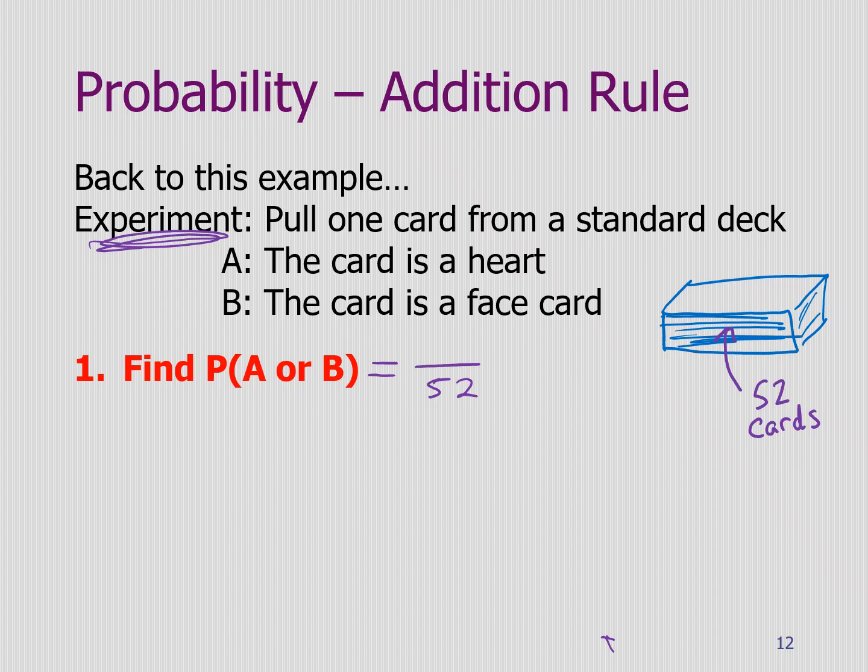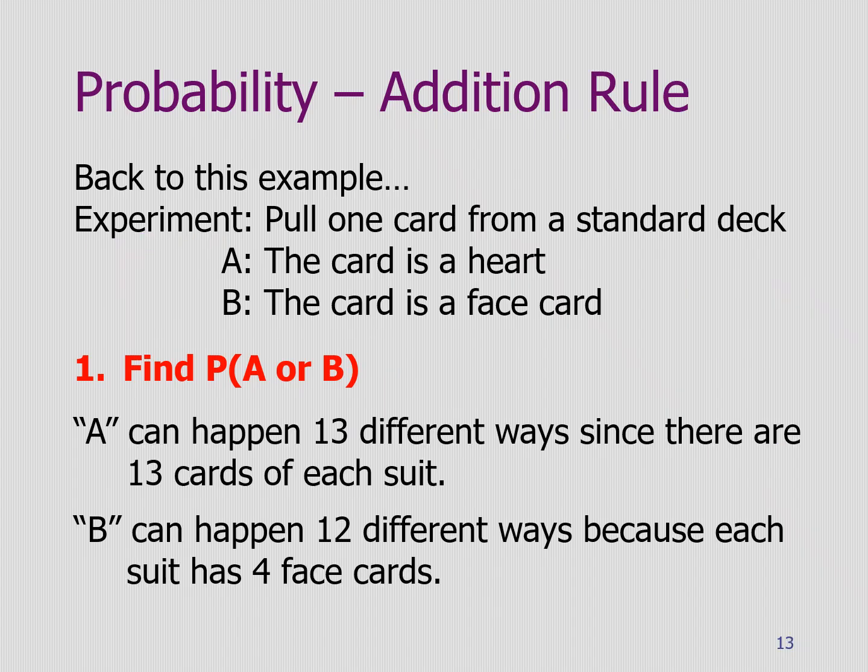So now we have to count how many face cards are there, how many hearts are there. Okay. Well, event A, the card being a heart, there are 13 different ways that could happen. Ace of hearts, two of hearts, three of hearts, four of hearts, five, and so on. There's 13 hearts in the deck.